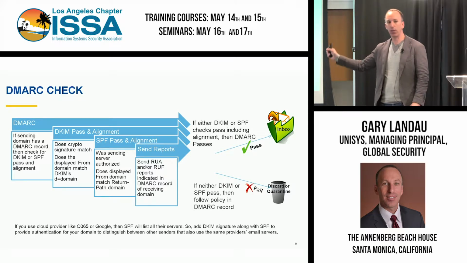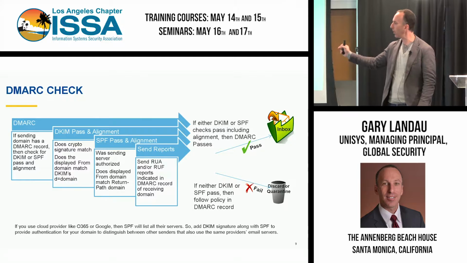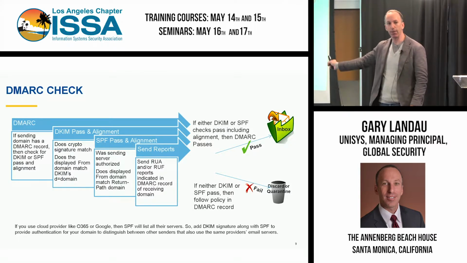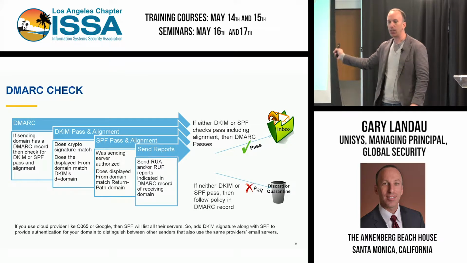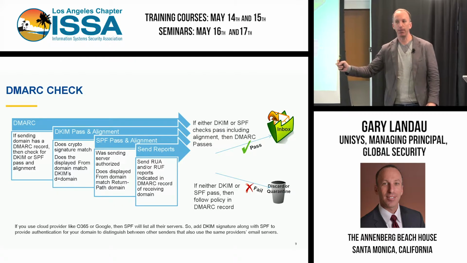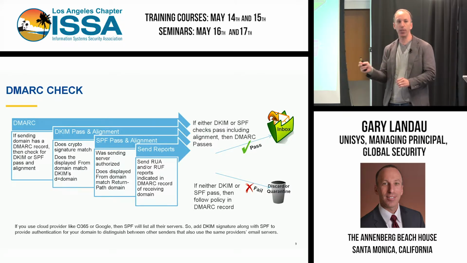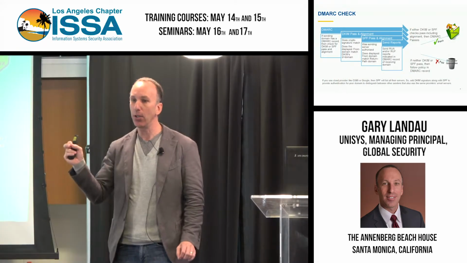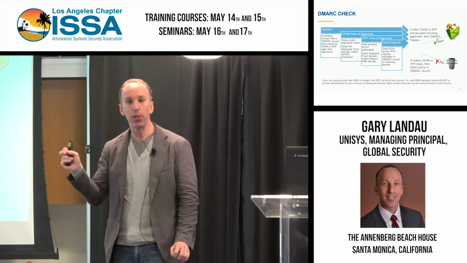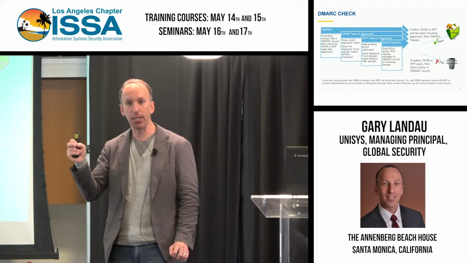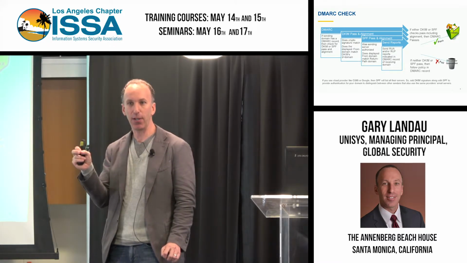If they have a DMARC record, it has policies associated with it. Then they'll check the SPF record and see if it passes SPF. It'll also check, does the displayed from address in your email align with the from address in the email header, the SMTP from address?